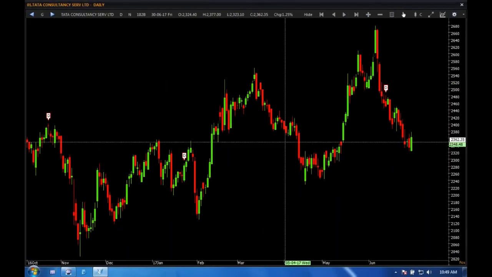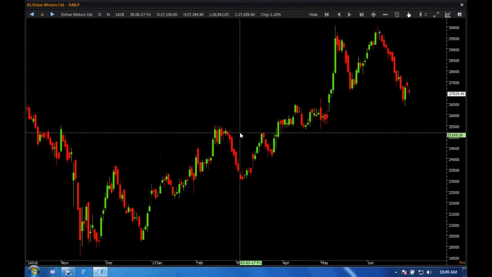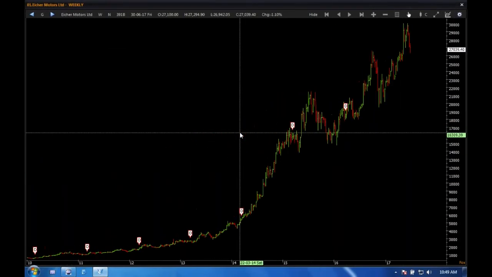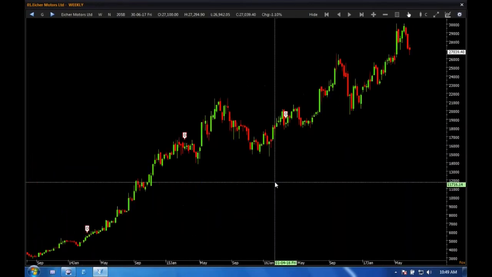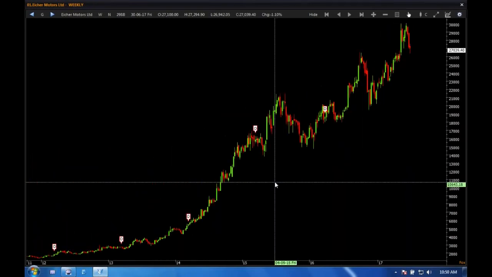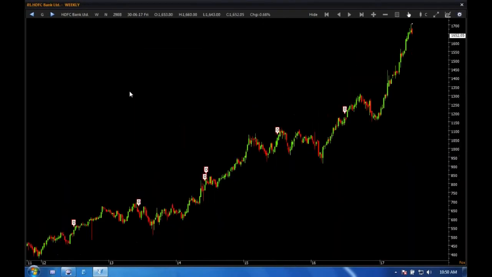Take a look at, let's say, Eicher Motors. This is the weekly, this is the monthly chart of Eicher Motors. Let's stick to weekly. This is the weekly chart of Eicher Motors. Let's say we look at HDFC Bank. This is the weekly chart of HDFC Bank.